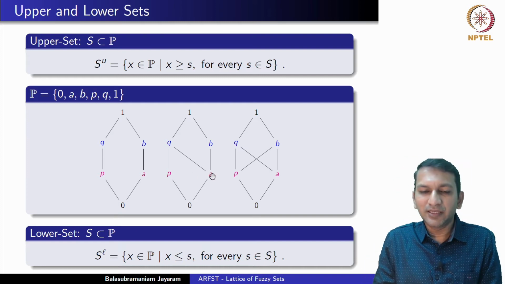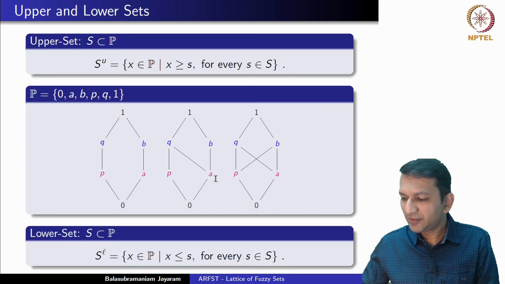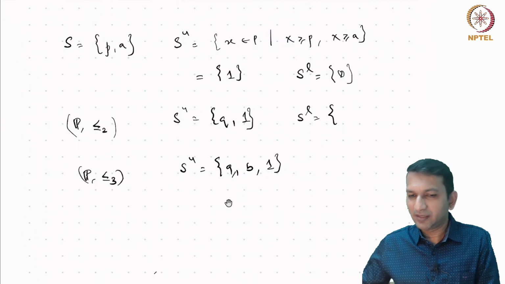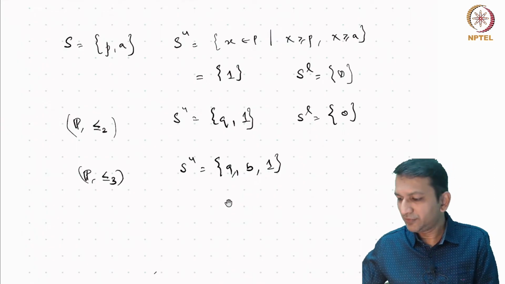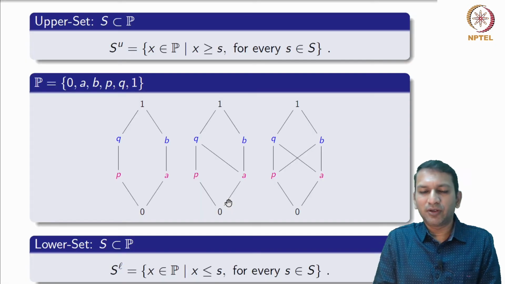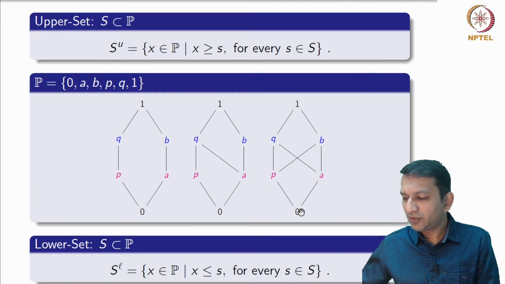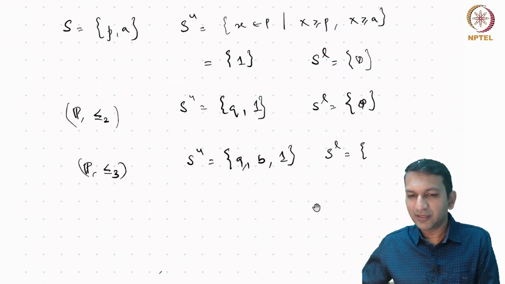In the case of the second poset, once again the only lower bound for both P and A is 0. Now let's consider the third order. So we have P and A. Once again, the lower bound for P and A is just the set with 0.